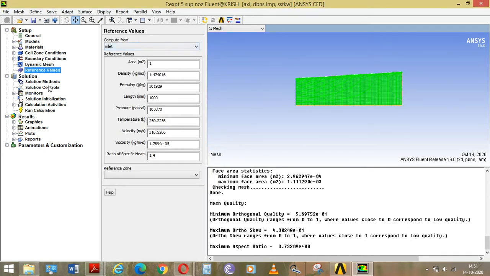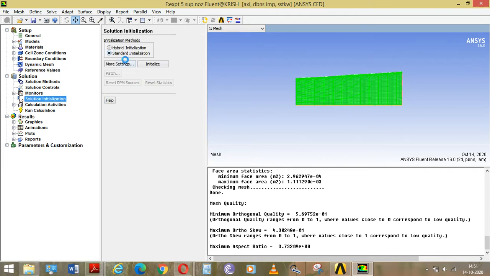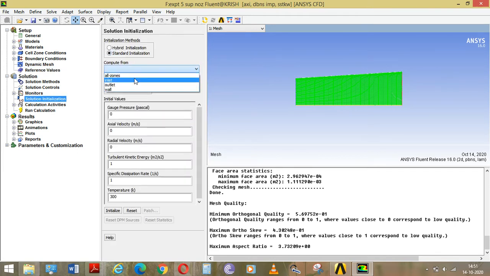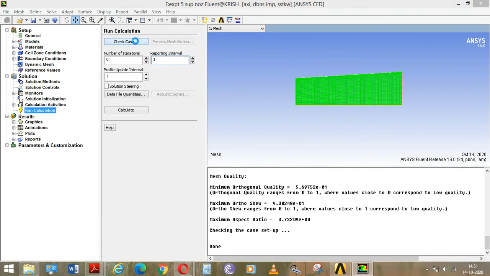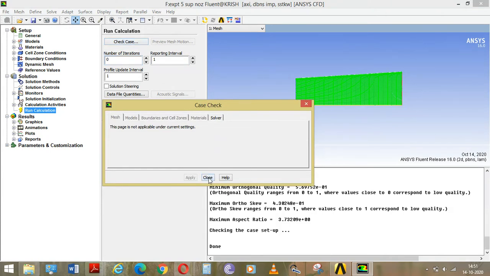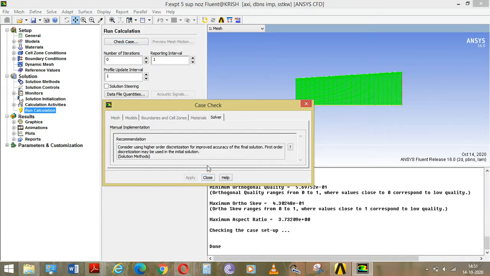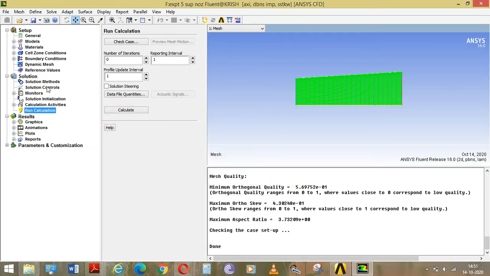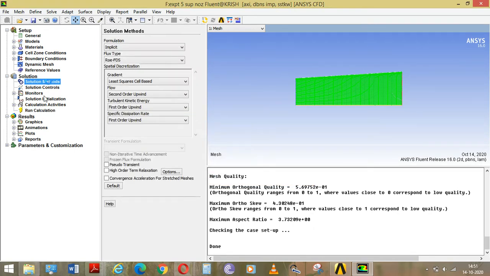Reference values compute from inlet, initialize using standard initialization. So it will tell you to use second order. If you want to use second order, you go to solution methods.